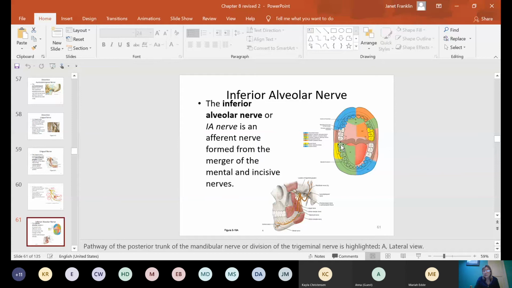So it does the lingual side, it does the buccal side, it does the pulp of all of the teeth on one side of the lower arch. It does everything except the buccal tissue right here, and that's going to be your buccal nerve. So this yellow is what the buccal nerve innervates. All of this green is your inferior alveolar. So your lingual nerve is part of your inferior alveolar.